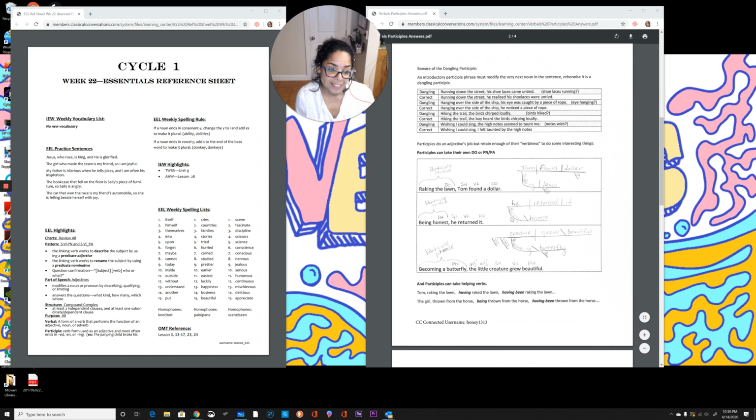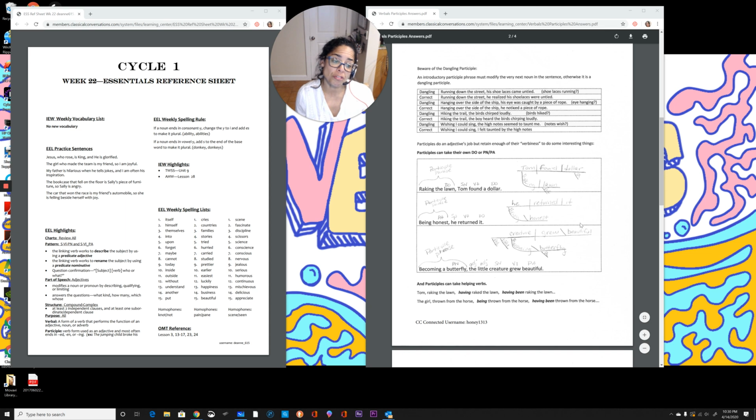Here's another one. Being honest, he returned it. Being honest, so this is an adjective, right? Being and honest are both adjectives modifying he, and this is how this is diagrammed. Becoming a butterfly, the little creature grew beautiful. So all of these words are modifying this creature.